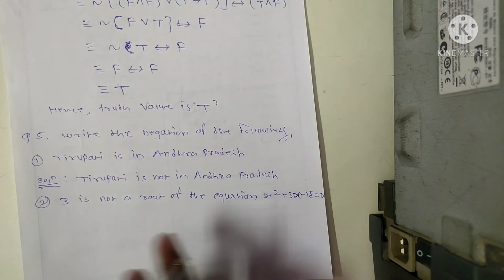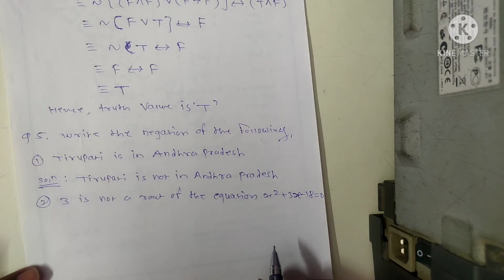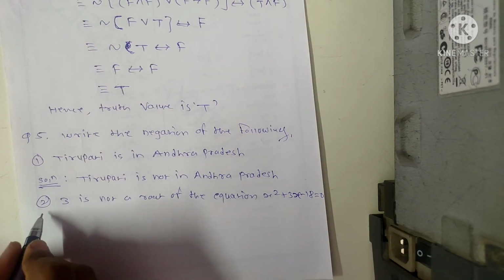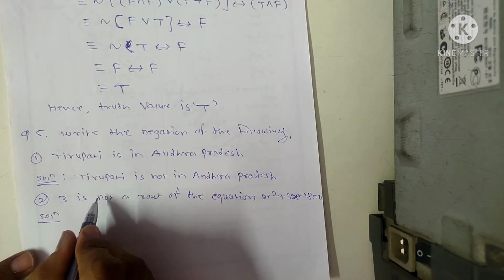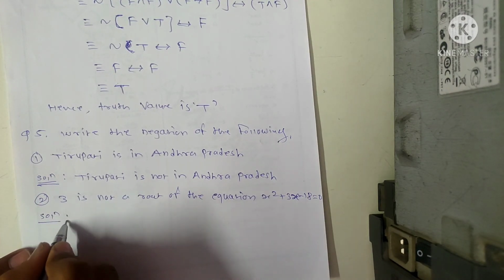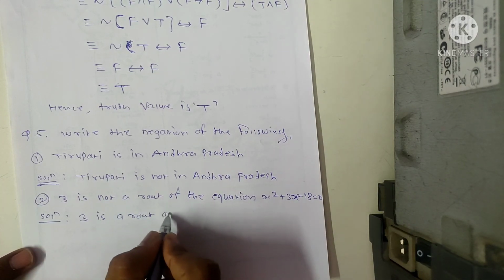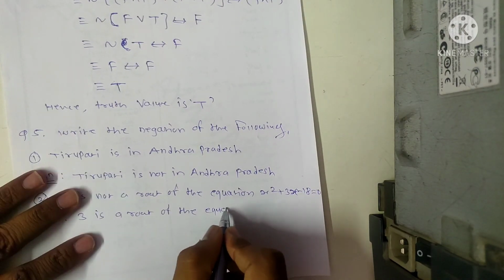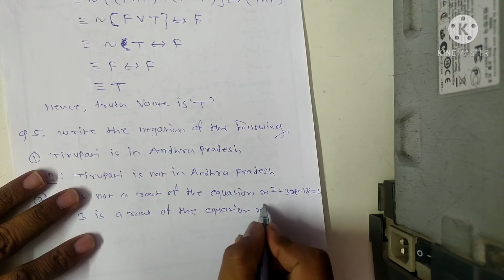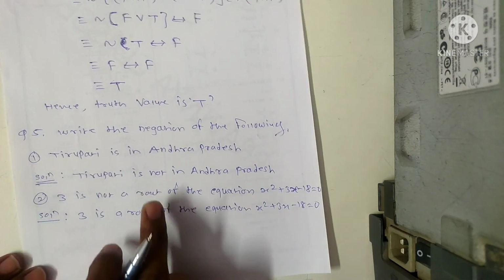If we use the negation, then the negation of negation cancels, means 3 is a root of the equation x square plus 3x minus 18 is equal to 0. Solution: the nots cancel each other, therefore the solution is 3 is a root of the equation x square plus 3x minus 18 is equal to 0. This is the negation of this statement.